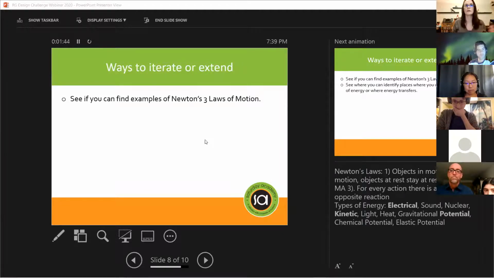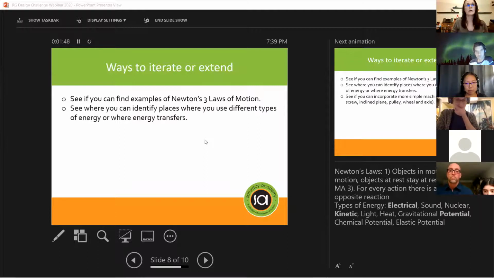So you can either make this more simple or extend. You can identify places where you use different types of energy and where energy is transferred. You could even just focus on that and not the scientific process.